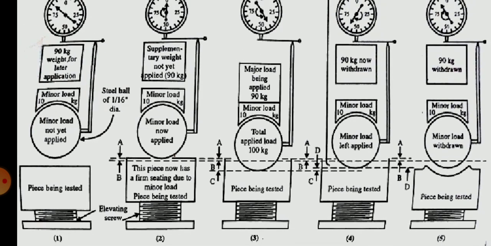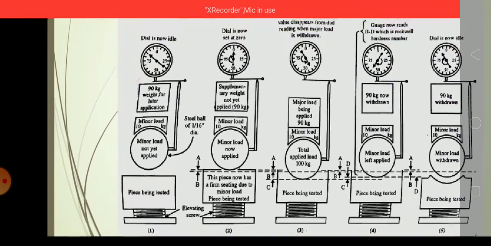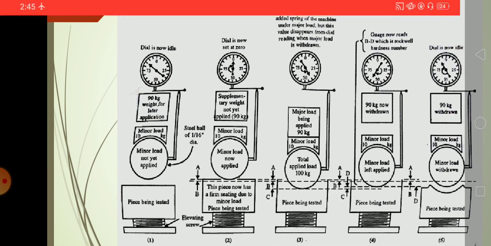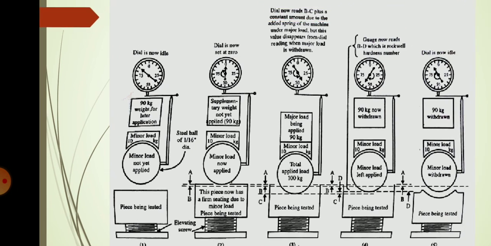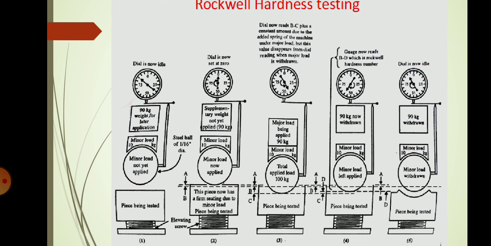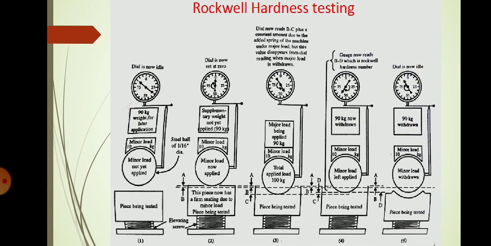Whatever the difference between B and D, that D to B distance is nothing but your exact reading of the hardness, because due to application of the major load we are actually measuring the hardness reading in Rockwell hardness testing.